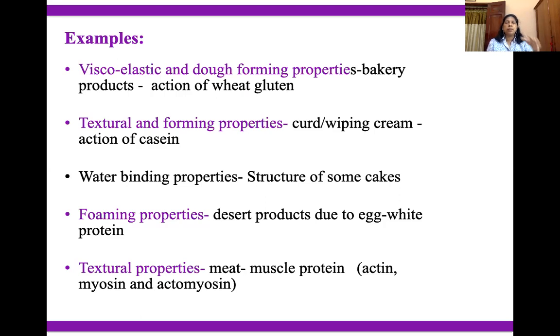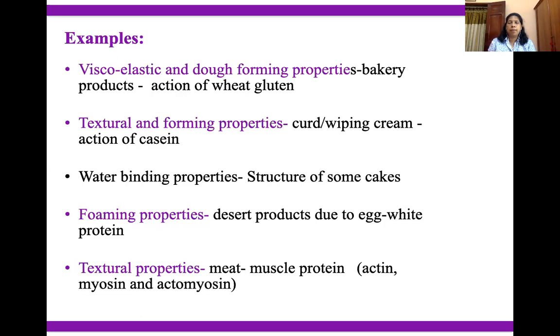How is the structure formed in bakery products? It totally depends on the protein, the wheat gluten, in this product. But rice flour, or another legume flour, does not have wheat gluten. Therefore, you do not end up with this kind of nice structure, the porous nature.